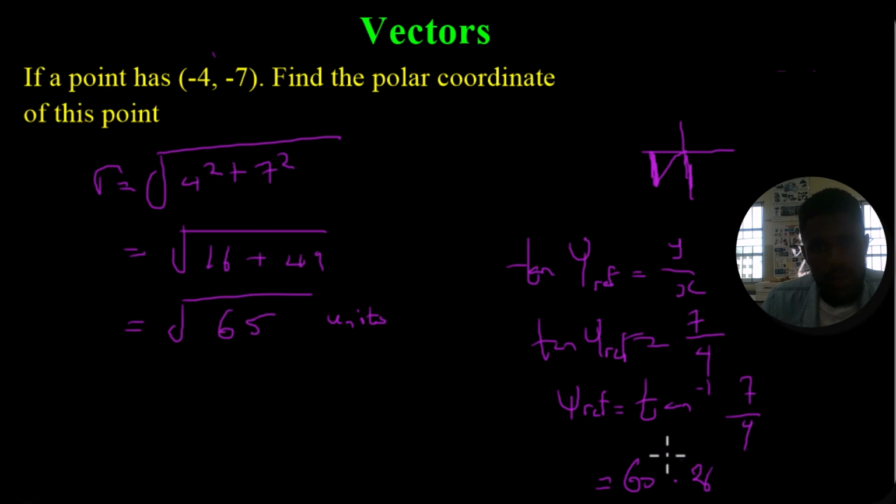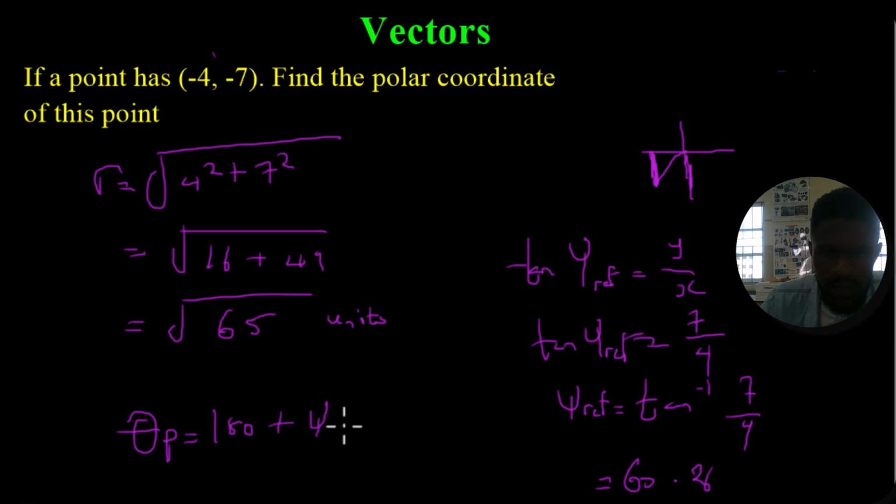Now that said, the next thing to do is to come back here and say, since it is in the third quadrant, my theta polar would be to add 180 to my reference angle.